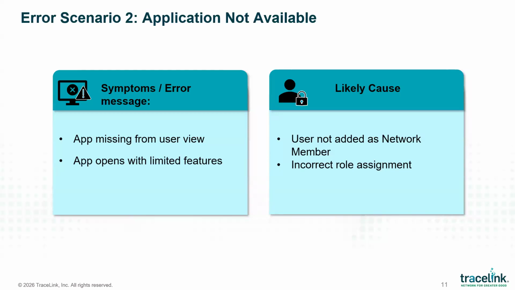When an app opens with limited features, it often indicates that access exists, but permissions are restricted. Looking at the likely causes, first confirm whether the user is correctly added as a network member. If the user isn't associated with the required network, the application won't appear. Next, we need to review the role assignment. Incorrect or incomplete roles are a common reason users see only limited functionality.